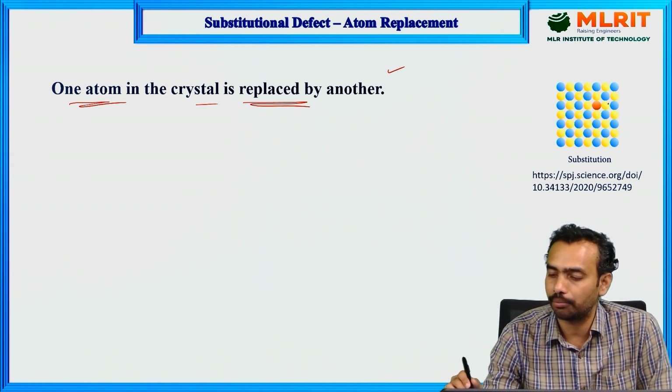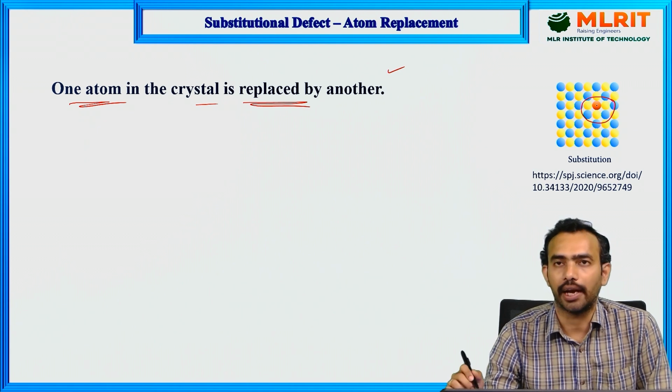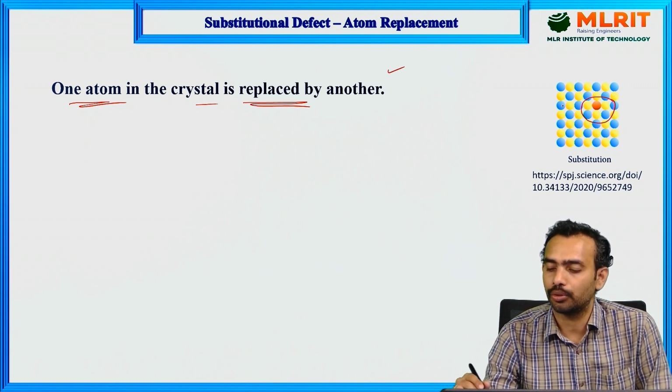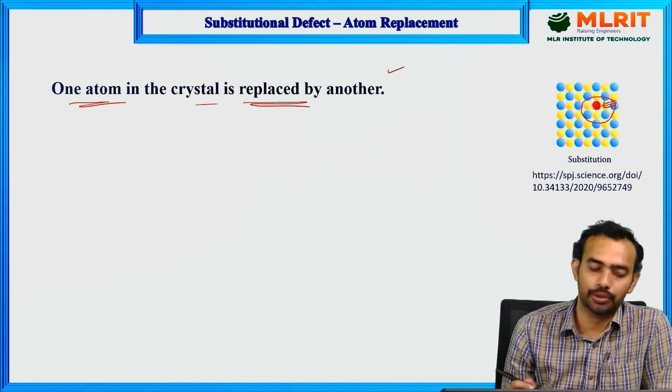In this example, you can see closely that instead of a blue atom, which should come in the regular arrangement of blue and yellow, the blue atom has been replaced with an orange colored atom. Such defects are called substitutional defects.